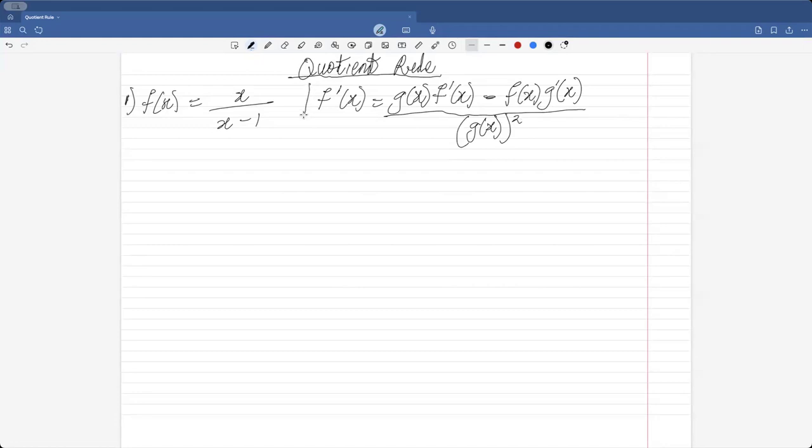Here is the formula for quotient rule. So let's use this formula here to solve this function.